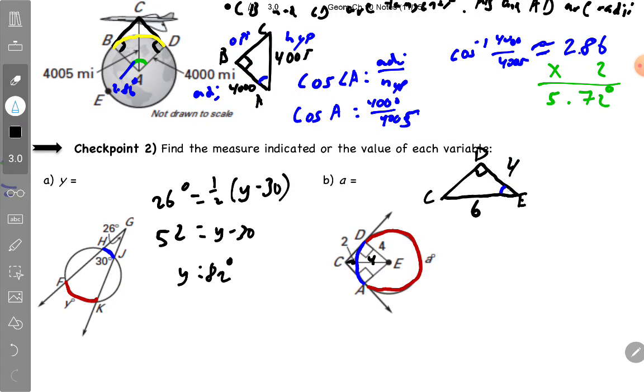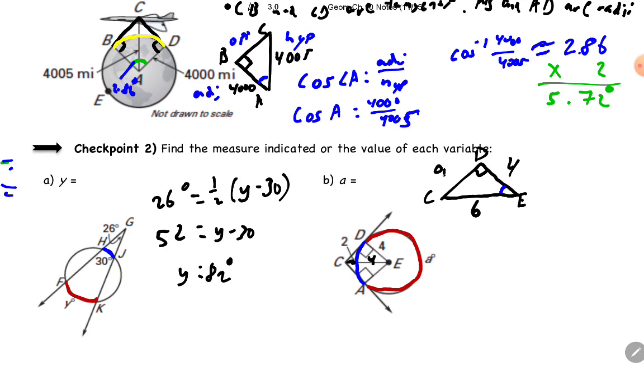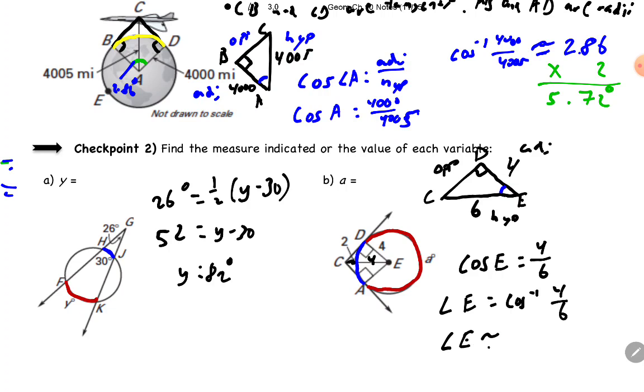Looking at E, this is the opposite side, this is the hypotenuse, and this is the adjacent side. So we're going to use cosine again. Cosine of angle E is equal to adjacent over hypotenuse. So angle E is going to be equal to inverse cosine of 4 over 6.